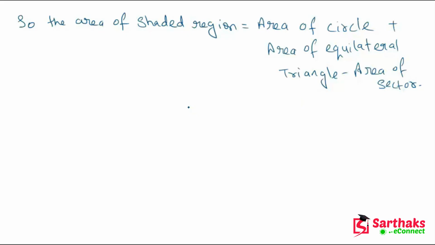Okay, my dear friend. So what is the area of circle? So the area of circle is 792 divided by 7 plus area of equilateral triangle is 36 root 3. Now the area of sector is what? Minus 132 upon 7. Okay, my dear friends, I hope you get this point.